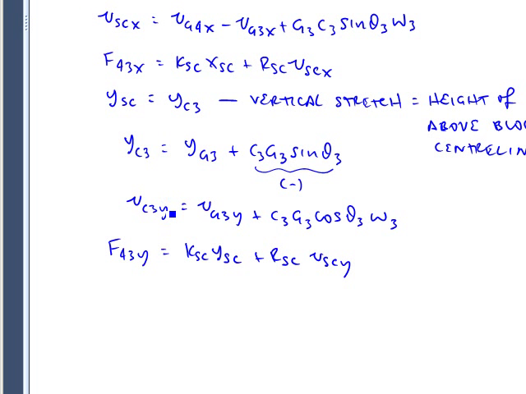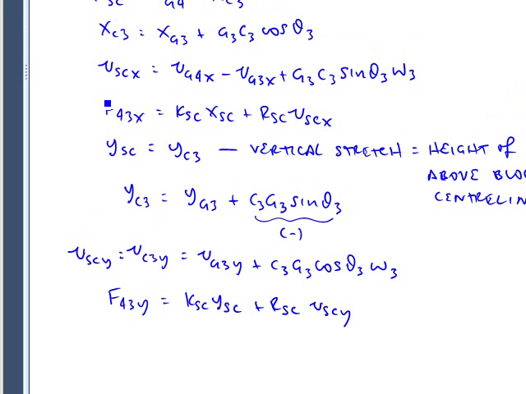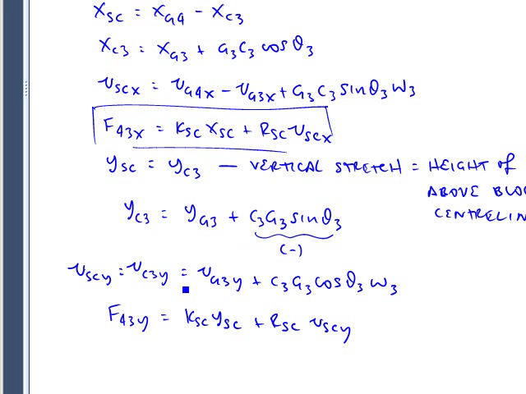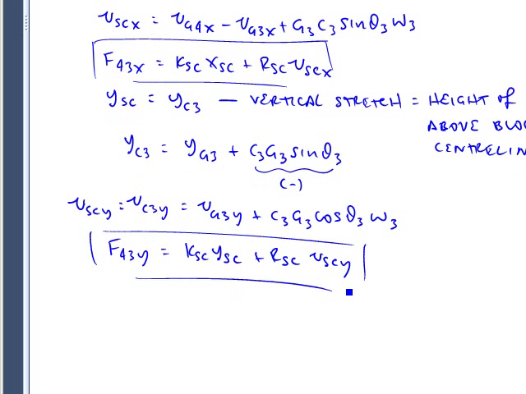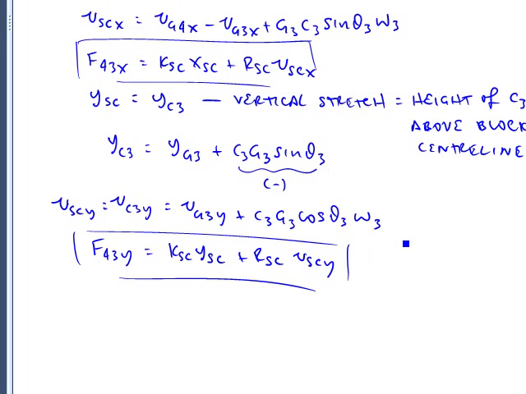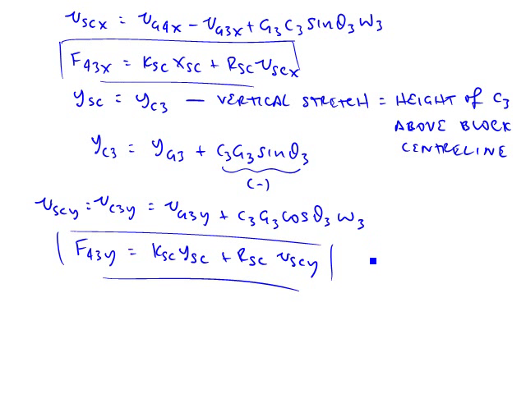And let's see, what's VSCY? VSCY is VC3Y. Alright, so here are our two constraint forces. Get those in the code prior to your Newton's laws. So Newton's laws for link 3, you're going to have the sum of the forces x, the sum of the forces y, and the sum of the moments.